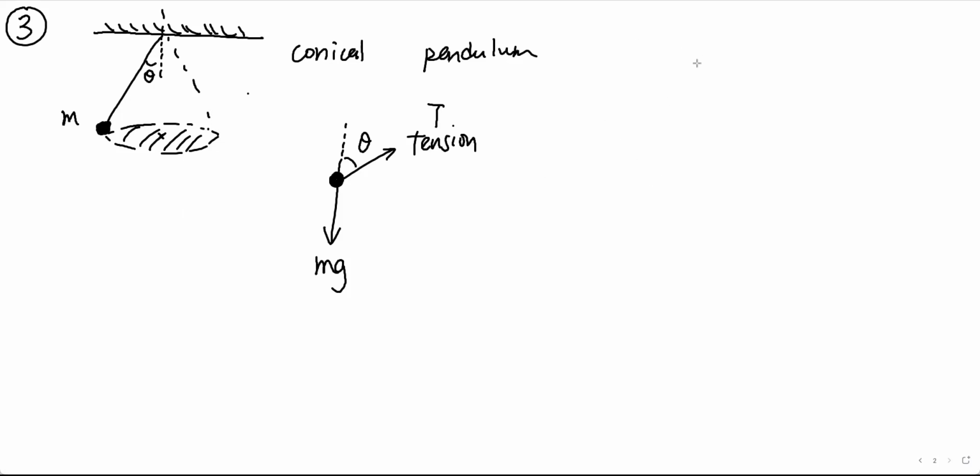Because we know for circular motion, the acceleration must point towards the center of circle. So therefore, here is the direction of the acceleration. And also we know that the net force should always point towards the center of circle.